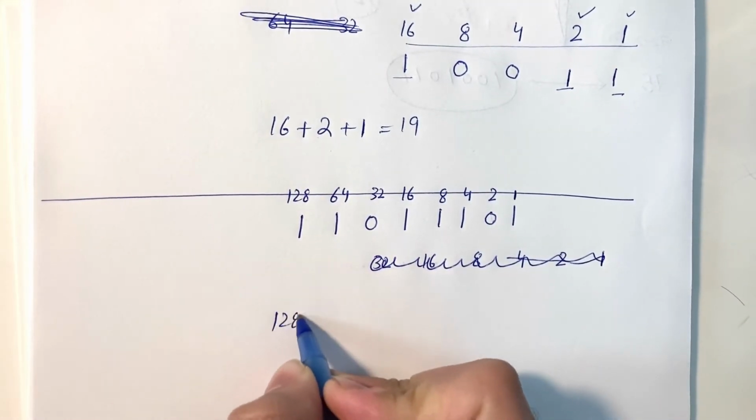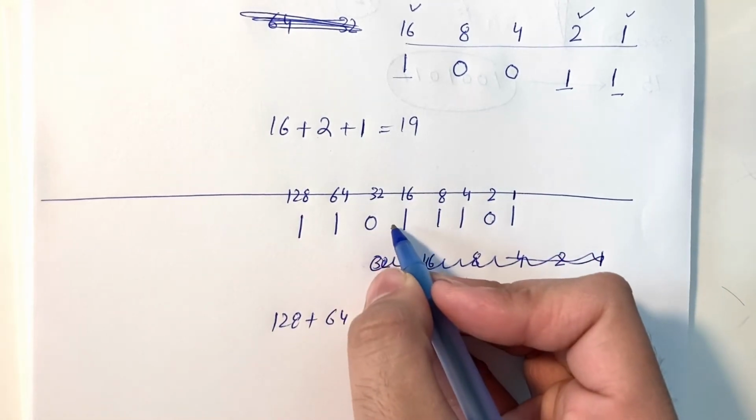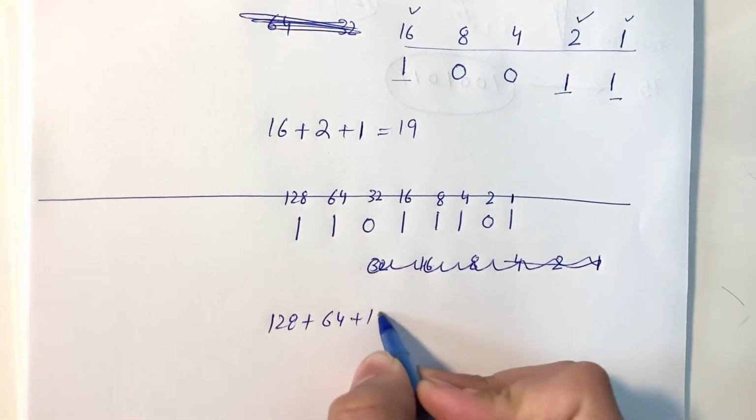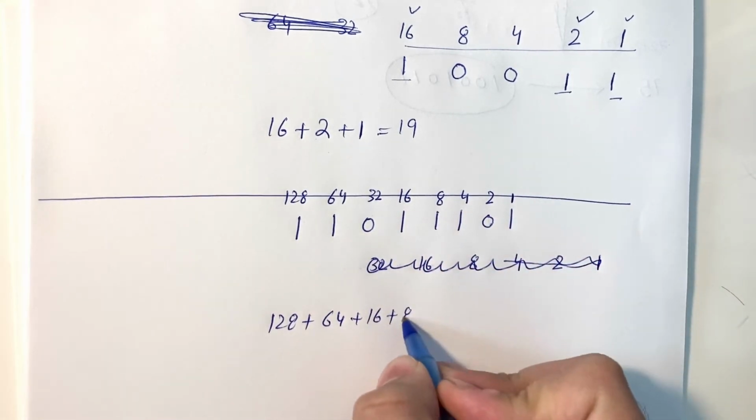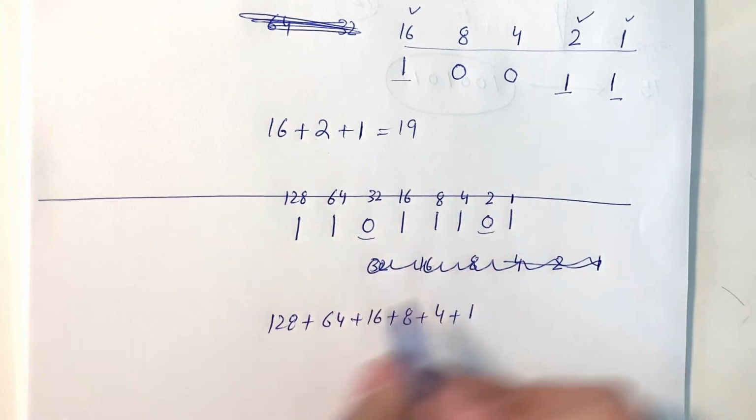128 is on, 64 is on, 32 is 0, that's fine, we don't add it. 16 is on, 8 is on, 4 is on, 1 is on. The 0 and 32 are not present.